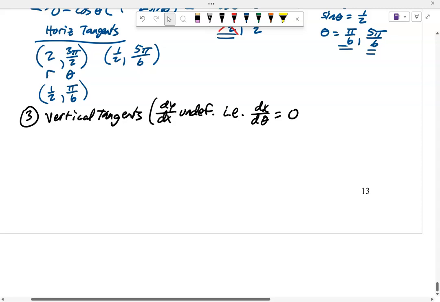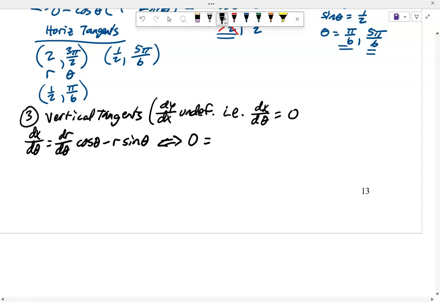So I have dx d theta equals dr d theta cosine theta minus r sine theta. And we want to know when dx d theta is 0.